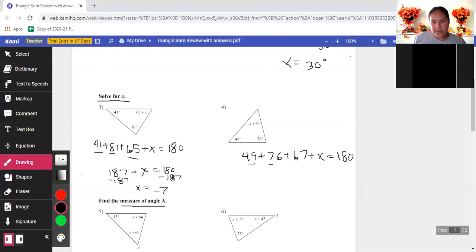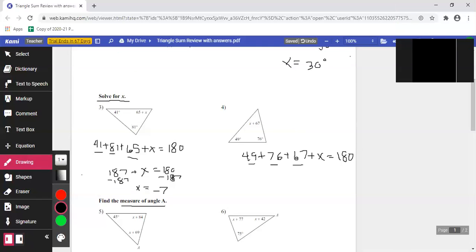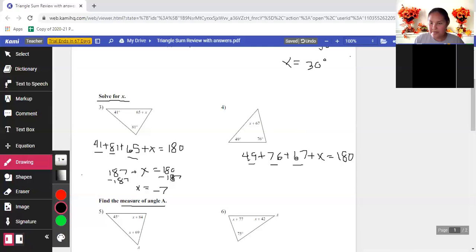Combine your like terms, which is 49, 76, and 67, and let me know what you get when you add them up. So did anyone get an answer for adding up 49, 76, and 67? 192. 192, good.